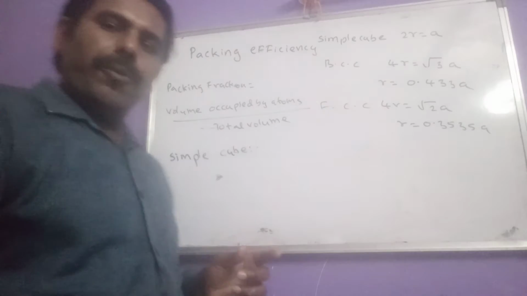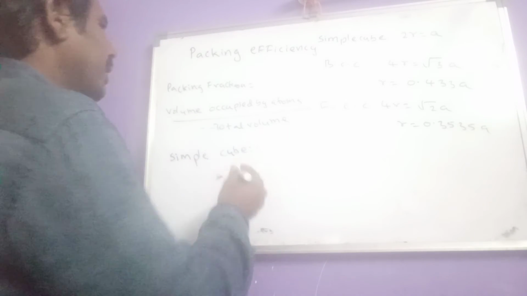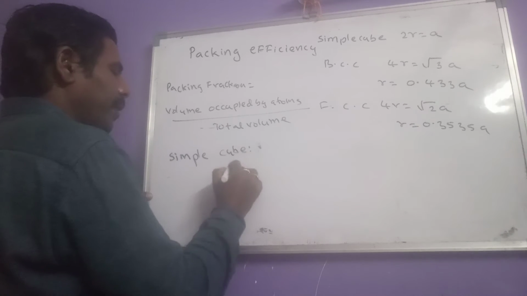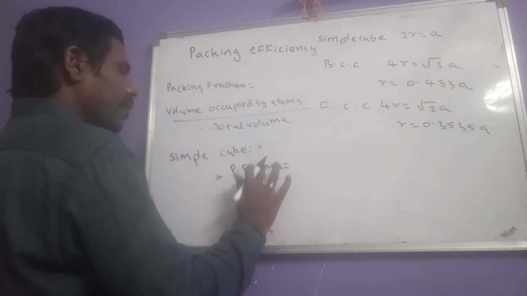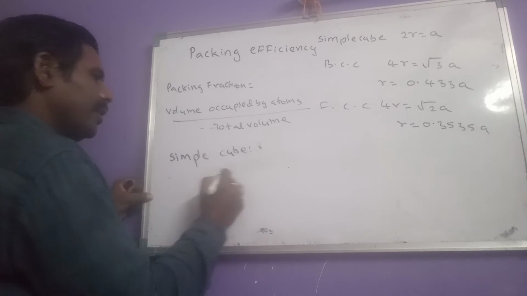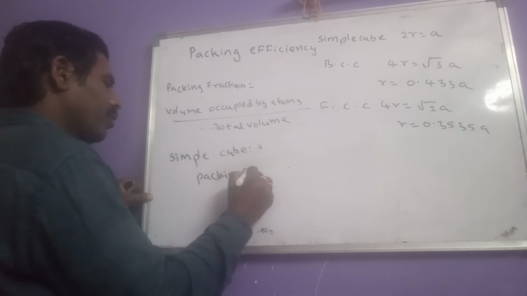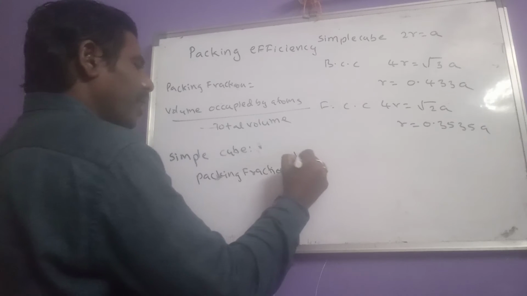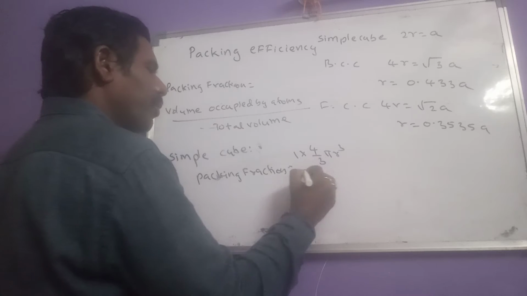As a simple cube has only one spherical atom, packing fraction equals 1 into 4 by 3 pi r cube.